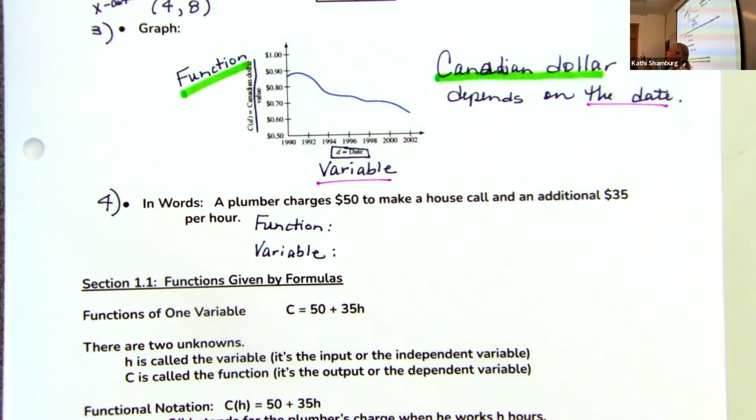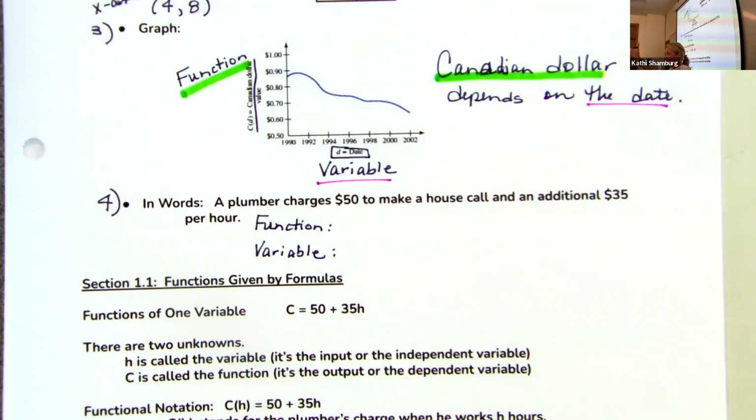All right, which one is dependent on the other? The charges are dependent on the hours, right? Because if my plumber works 1 hour, I'll get charged that amount. Now if he works 2 hours, I get charged another amount.